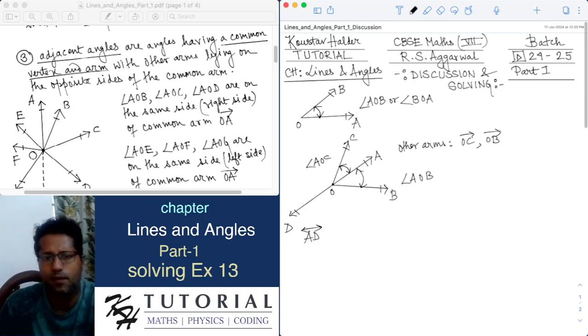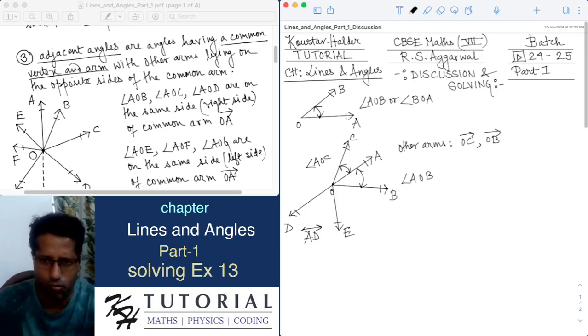Now clearly, if I draw another arm, let's say OE, the arms OE and OB are lying on the same side of the common arm OA.